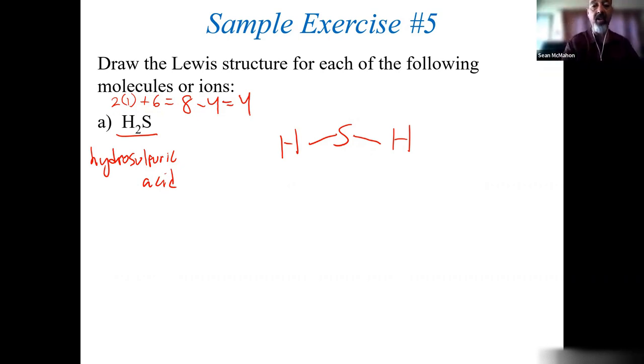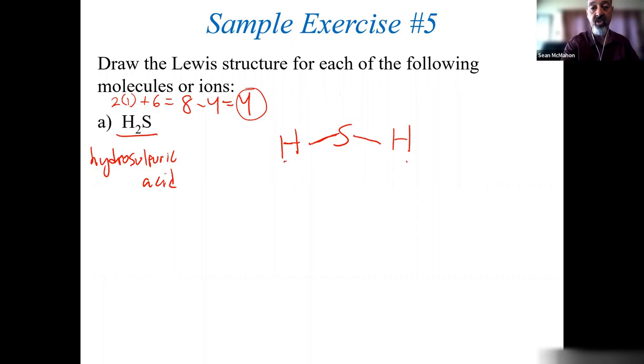I do not add lone pairs to hydrogens. Hydrogens do not want octets. They only want duets. So each of these exterior hydrogens is already happy because they have their first energy level filled like helium. So what do I do with these remaining 4? I add them to the central atom to make an octet for the central.